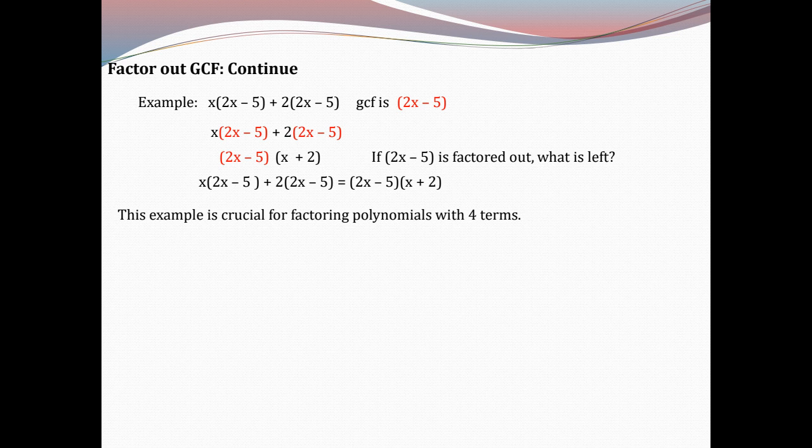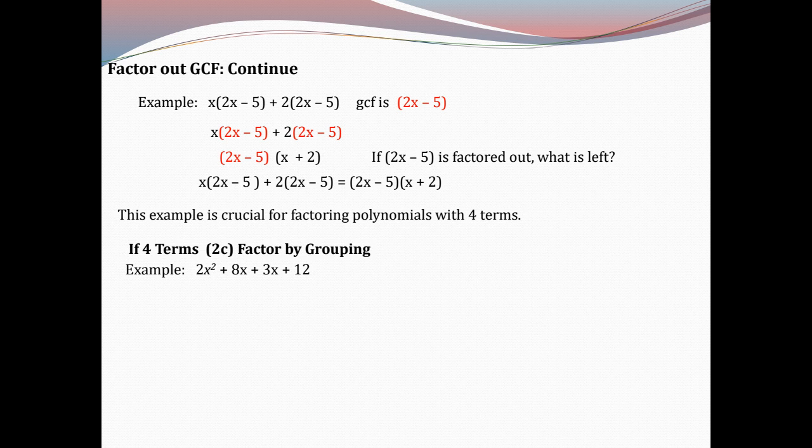Okay, so let me show you how we might see it in our classes. What we're going to see is all these numbers being multiplied and added together. Okay, so we have 2x squared plus 8x plus 3x plus 12. When you are factoring 4 terms, we always want to take the approach of factoring by grouping.